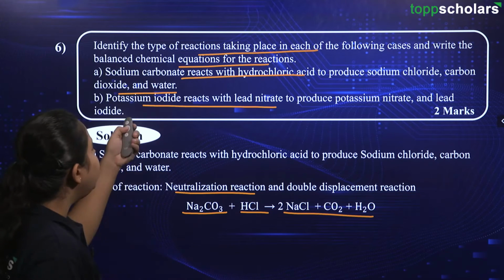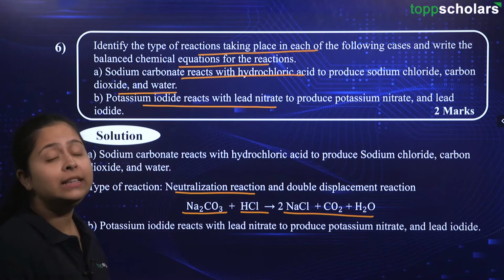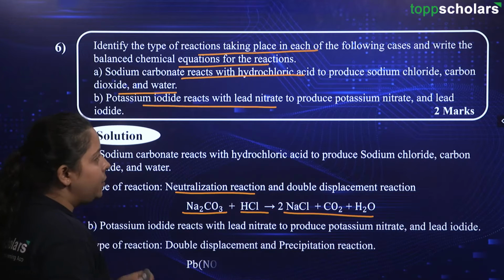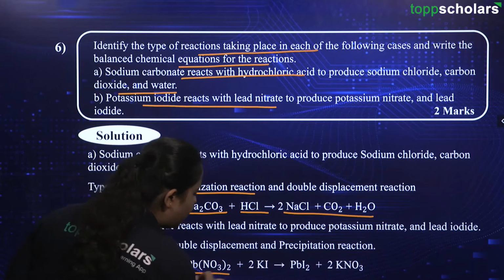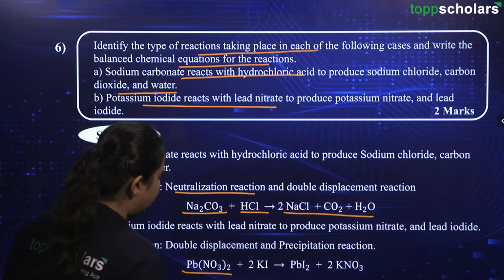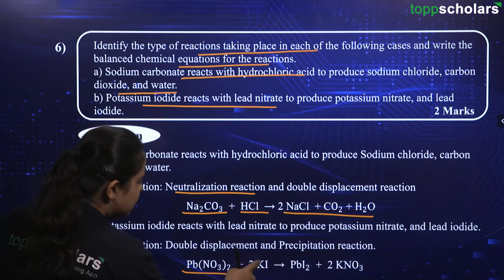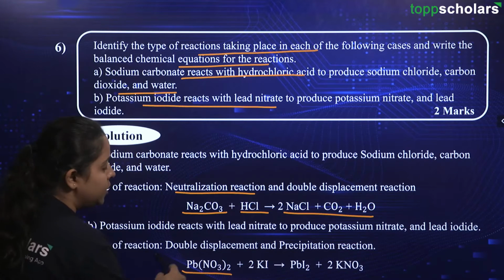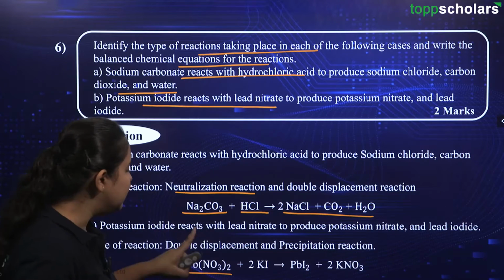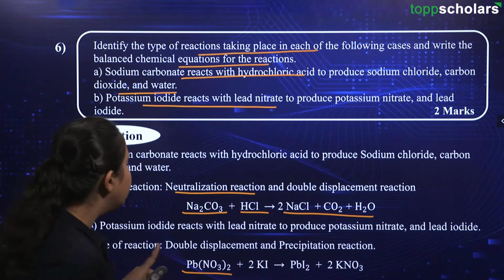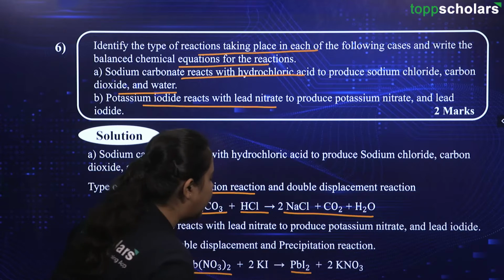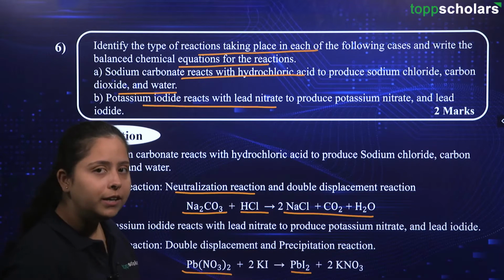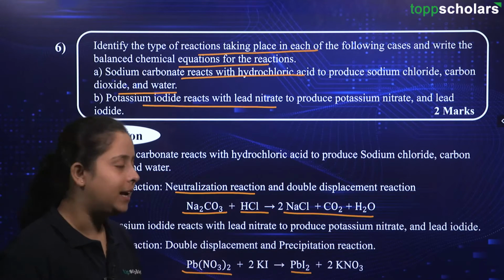Going ahead, we have potassium iodide reacting with lead nitrate. Lead nitrate is Pb(NO3)2, right? It is reacting with KI. What will happen? This I will be coming and attaching towards Pb, displacing nitrate ion, okay? And that will be happening as PbI2. Hence, we have written 2 over here to balance the iodine atoms.